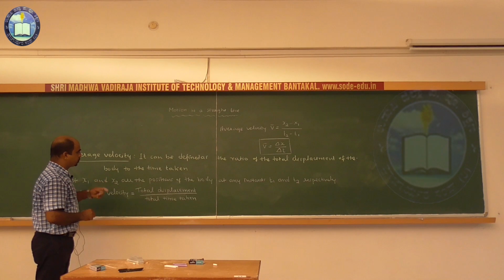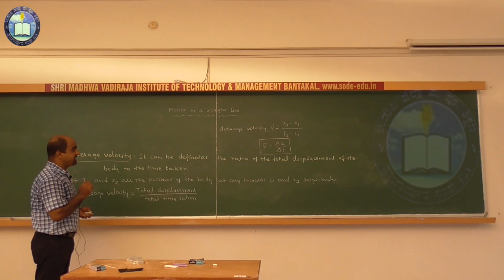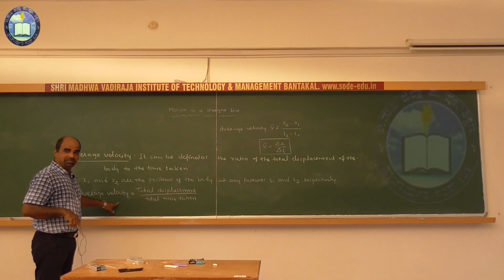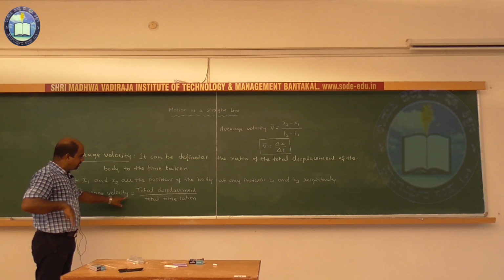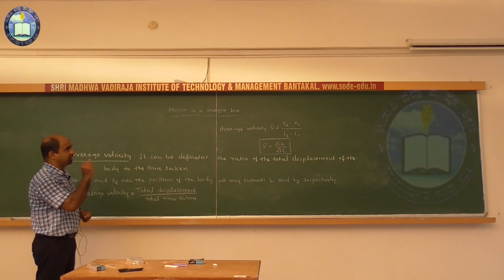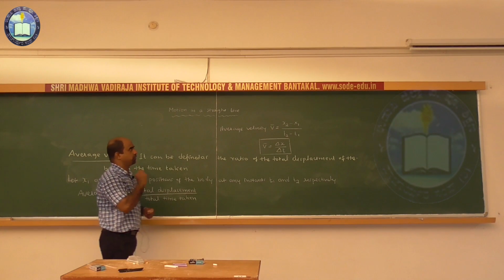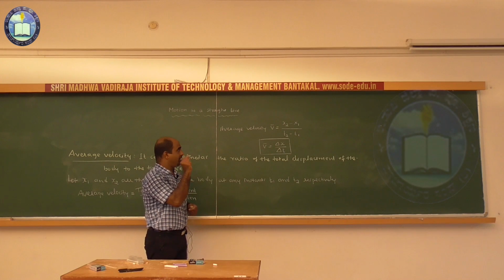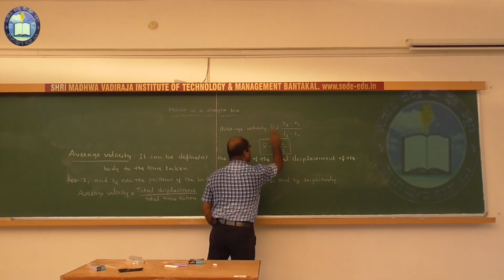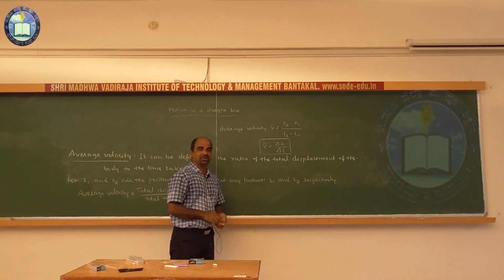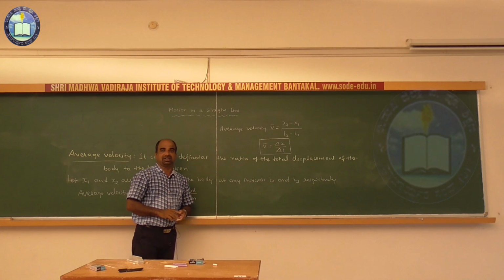Let x1 and x2 be the positions of the body at instants t1 and t2 respectively. Then the average velocity, represented in our textbook as v bar, is x2 minus x1 by t2 minus t1, or v bar is equal to delta x by delta t.